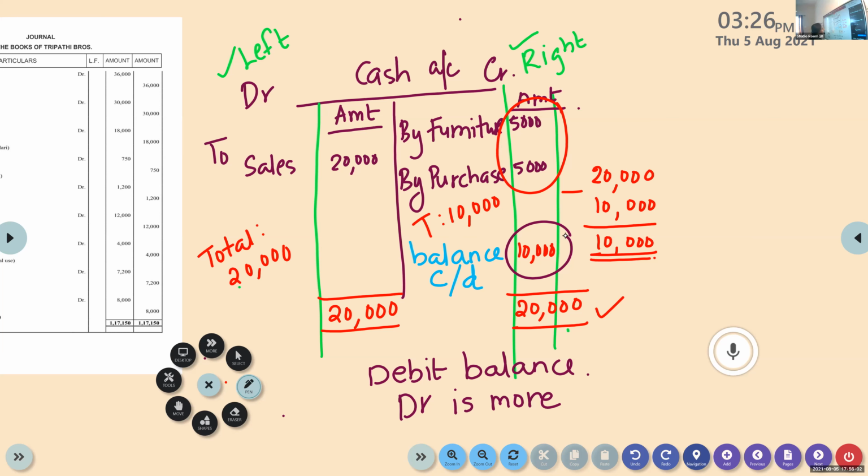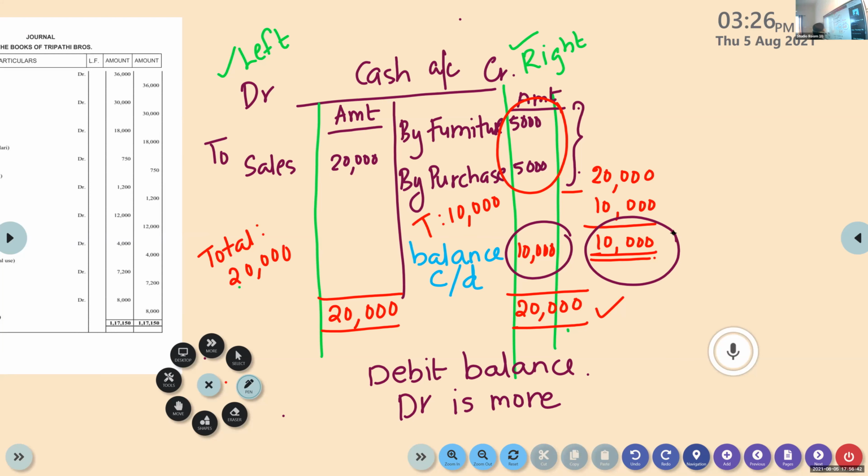Then the other side, we are balancing it. We are bringing it equal. So for that, 20,000 minus the total of the right hand side. That figure we will write just above the total of the amount column of the credit side, and the name given to it is balance carried down, CD. Balance carried down.